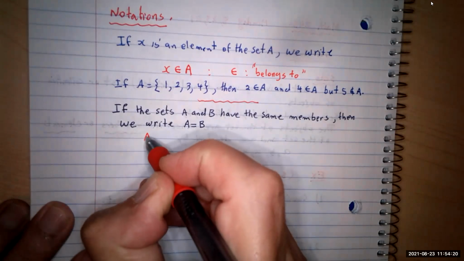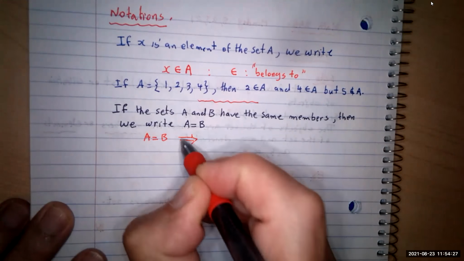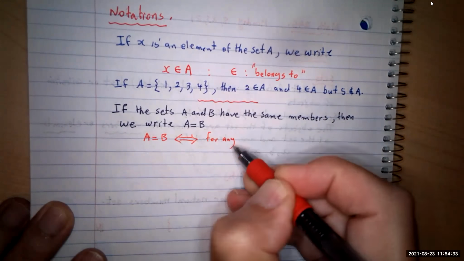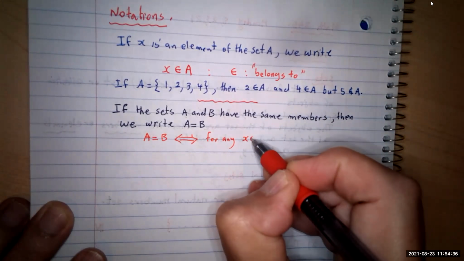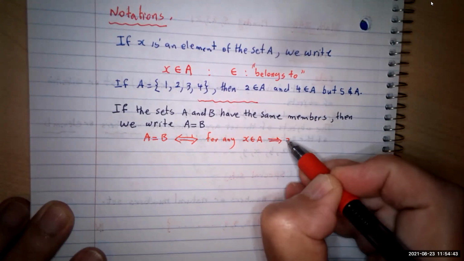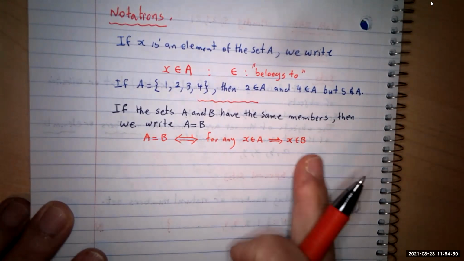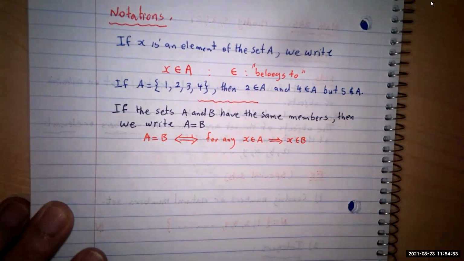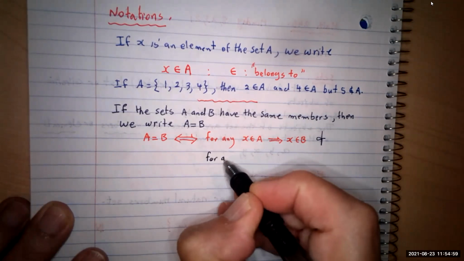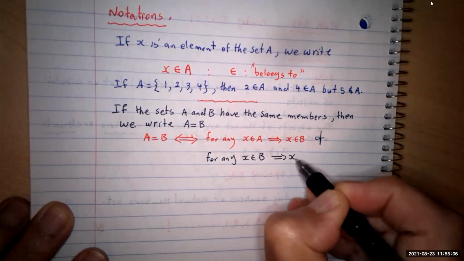A is equal to B if and only if, for any member x in A, that implies that x is also in B. This means any member of A is also a member of B. And the other way around: for any member x in B, that implies that x is also in A.